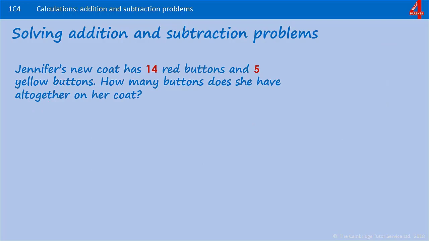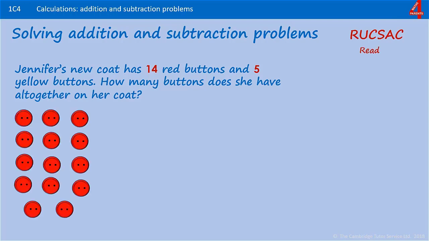Here's another one for you to try, just using slightly bigger numbers. Using RUCSAC, pause the video, have a go. Reading the question. Jennifer's new coat has 14 red buttons and 5 yellow buttons. How many buttons does she have altogether on her coat?